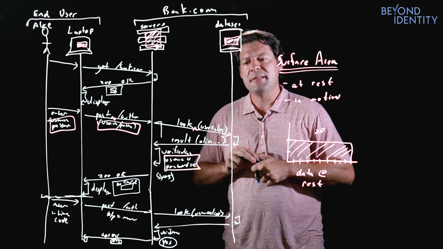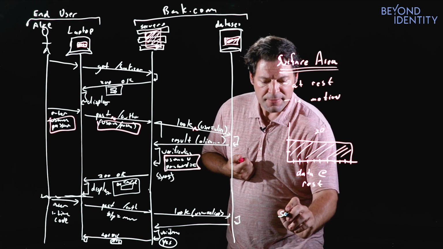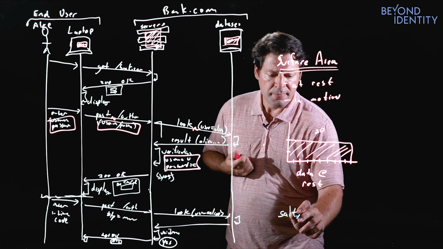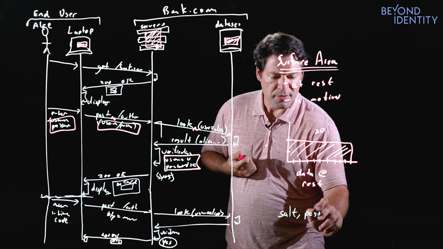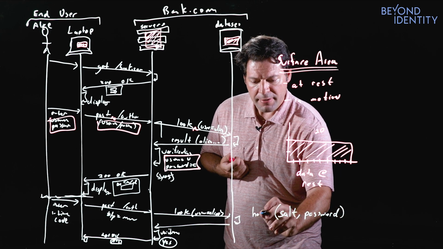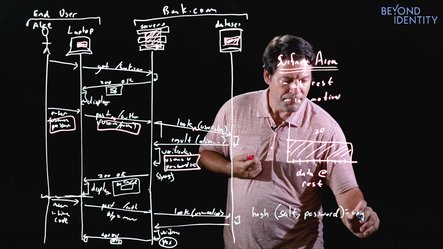And the typical approach that people take is they have what's called a salt. You can think of a salt as just a random string. So the salt plus the password is run through a cryptographic hash function, and this produces a unique value.